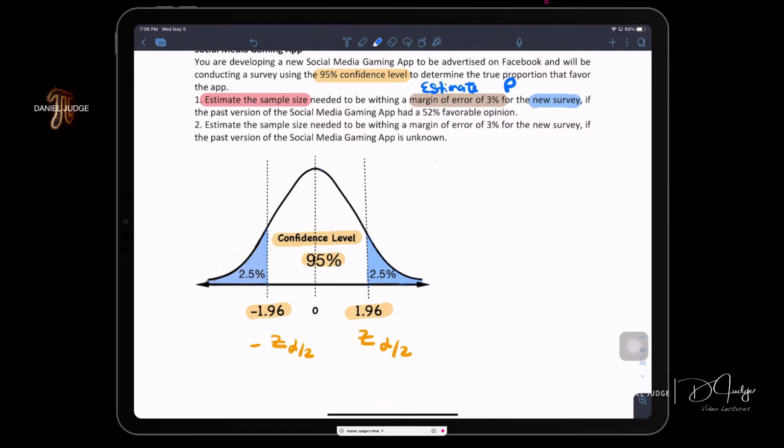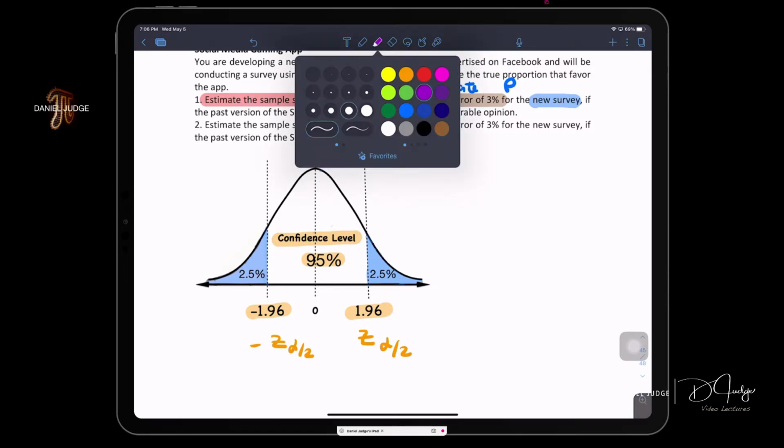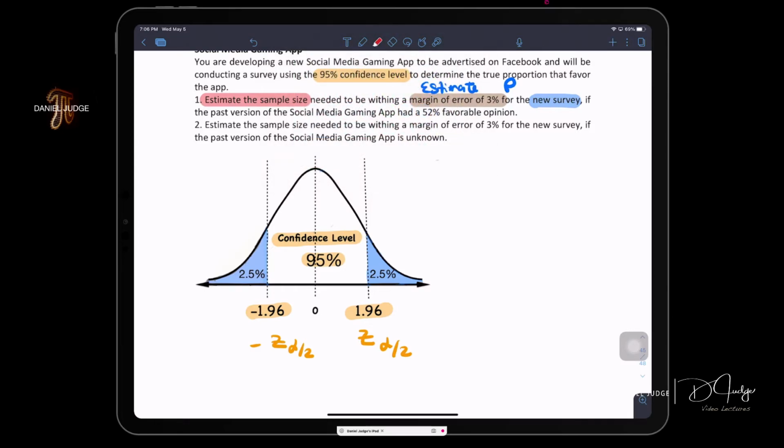Now, notice they do say, in the past version of the social media gaming app, it had a 52% favorable opinion. So the sample proportion was 52%, which is 0.52. Now, the complement of that is 48%, which is 0.48.